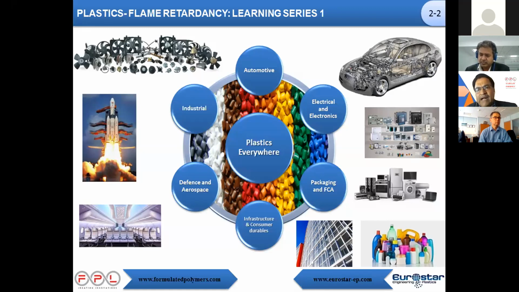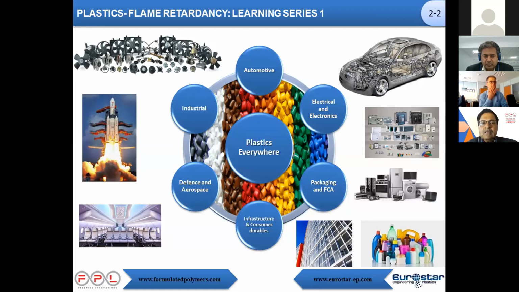And in the complete transport industry, whether train or aerospace, all the parts are flame retardant because we don't want them to catch fire in case of an accident. So flame retardant is also becoming a very substantial part of the business. Okay, so next slide.